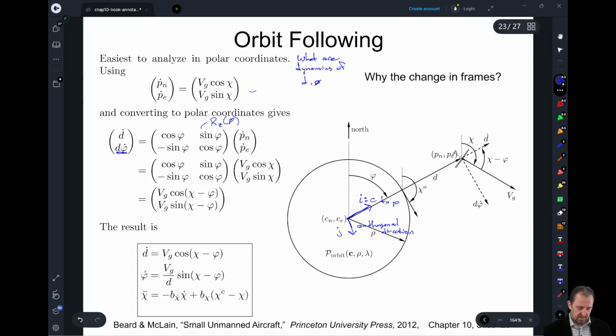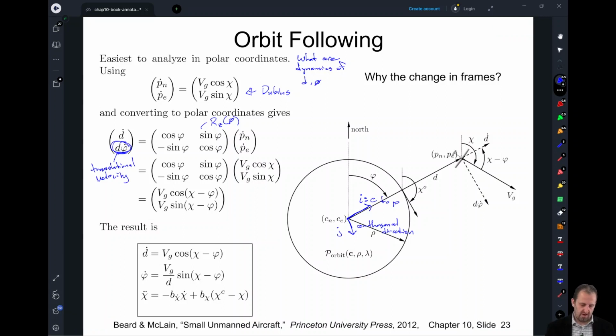Again, this is our Dubins model, and we're going to rotate that Dubins model, the time derivative of our north and east position, and we're going to get the time derivative of d and the time derivative of something related to phi. Note that this is actually a translational velocity, so we're getting the translational velocities in this new frame. That's not our rotational velocity.